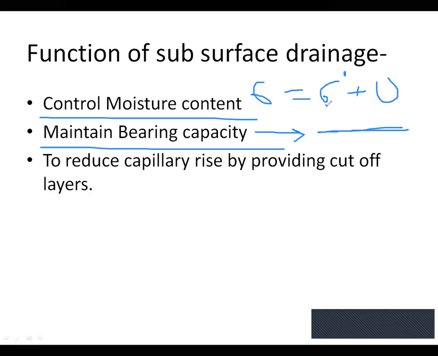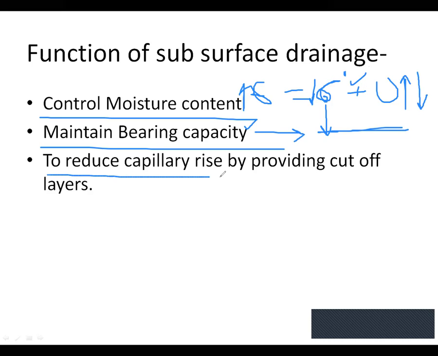Bearing capacity depends on the effective stress, so as the applied pressure increases, the effective stress decreases. So to maintain the bearing capacity, we must maintain effective stress, and the applied pressure must be reduced or maintained.